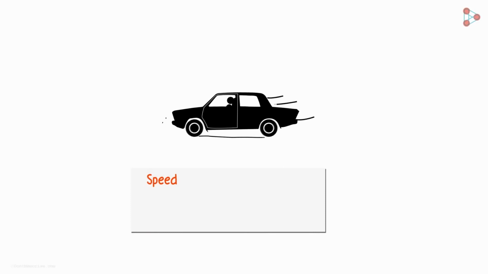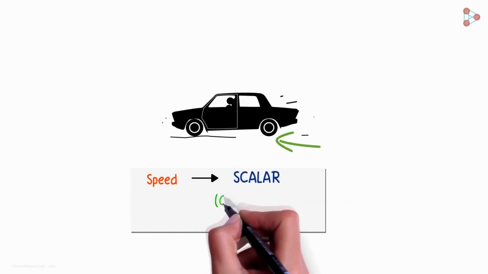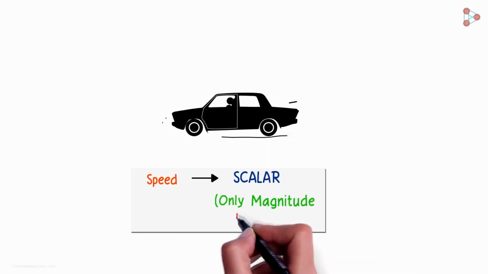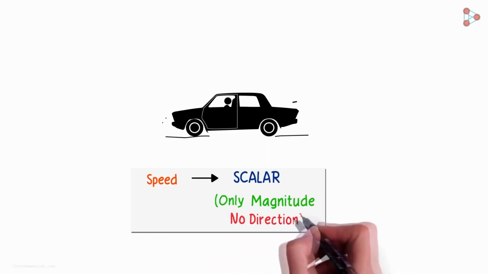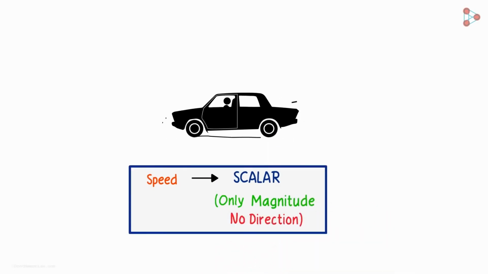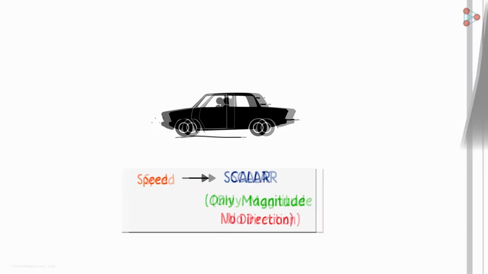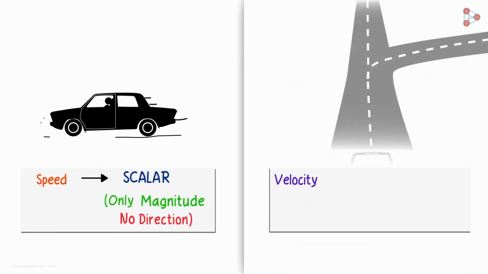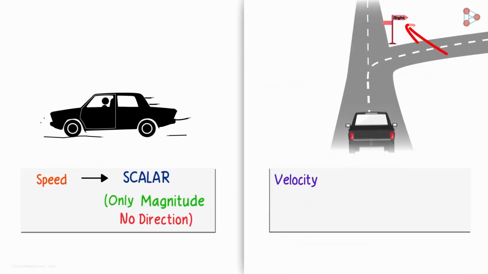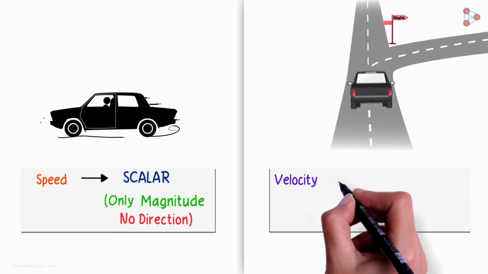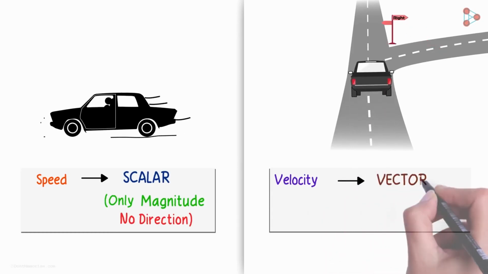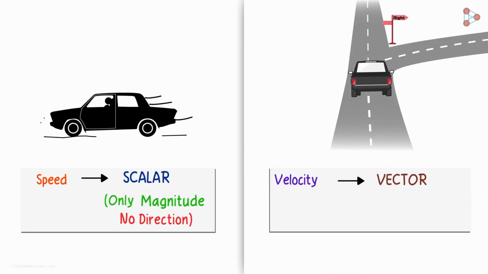Speed is a very good example of what we call in physics a scalar quantity kasi nga it only indicates magnitude kaya lang walang direction. So, ganun yung scalar quantities. Magnitude only but there is no specific direction. In case of velocity, however, the direction is stated and that's why it is referred to as a vector quantity.